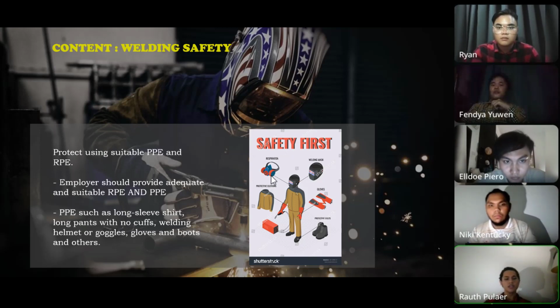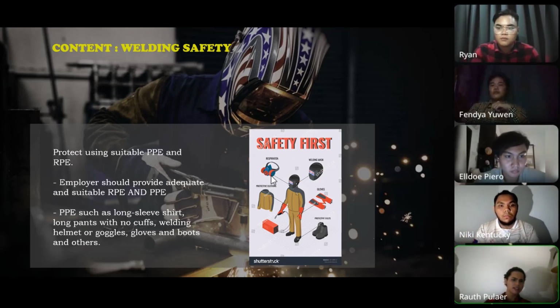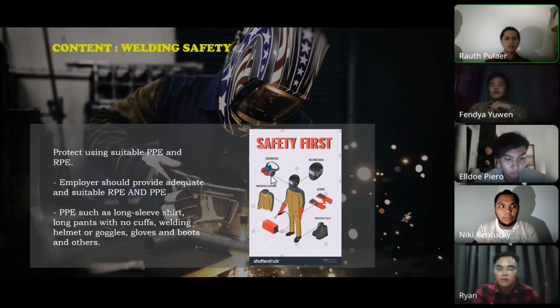Examples of PPE are long sleeve shirts, long pants with no cuffs, welding helmets or goggles, gloves, boots, and others. As you can see in the picture here, there are multiple PPE, like the helmets, the gloves, and the shoes.